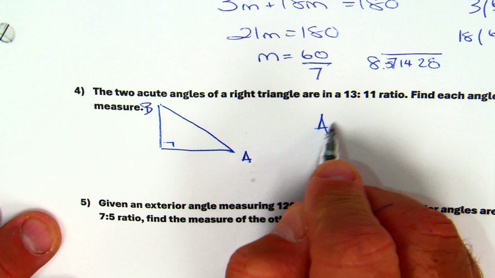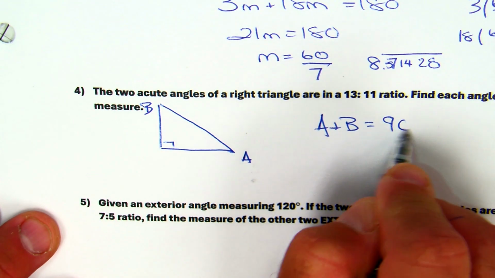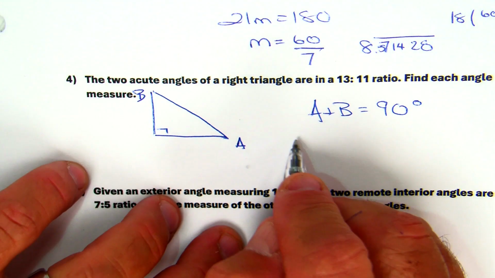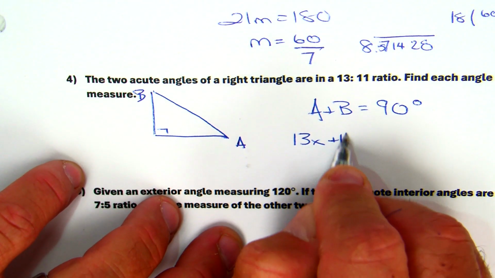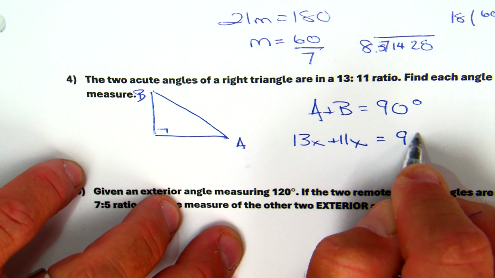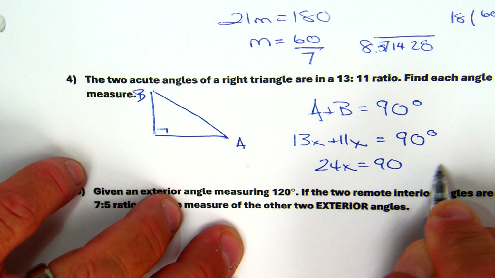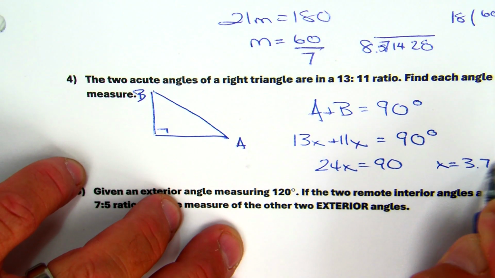So A plus B equals 90 degrees. Everybody good with that? So now I got 13x plus 11x equals 90 degrees. 24x equals 90, and x equals 3.75.